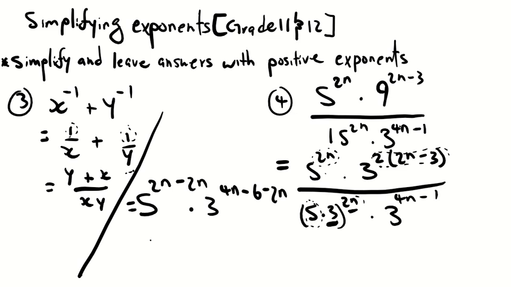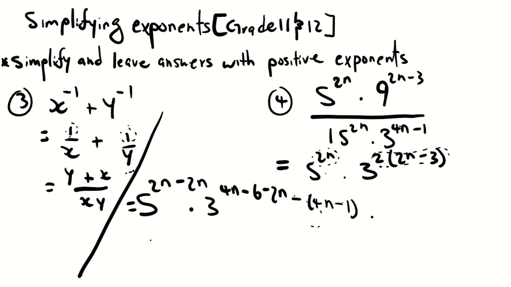We also need to account for this one as well, that 4n minus 1. So that's going to be minus 4n minus 1. Let me write 4n minus 1 here. I assume you're taking notes so that you can keep up with what I'm doing, because I'm removing some of the steps now.